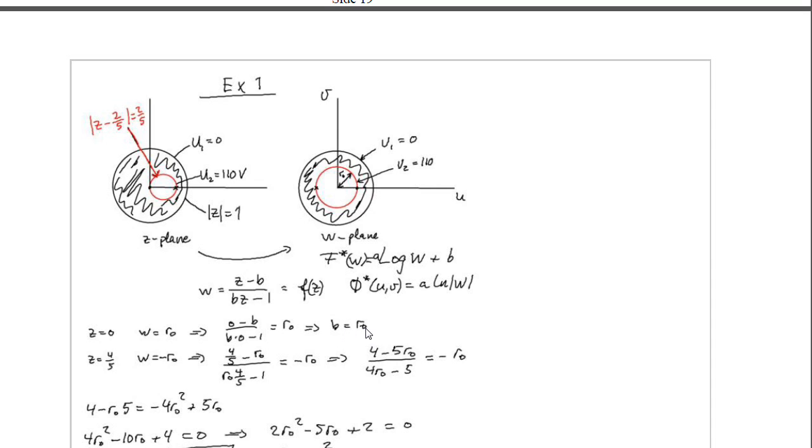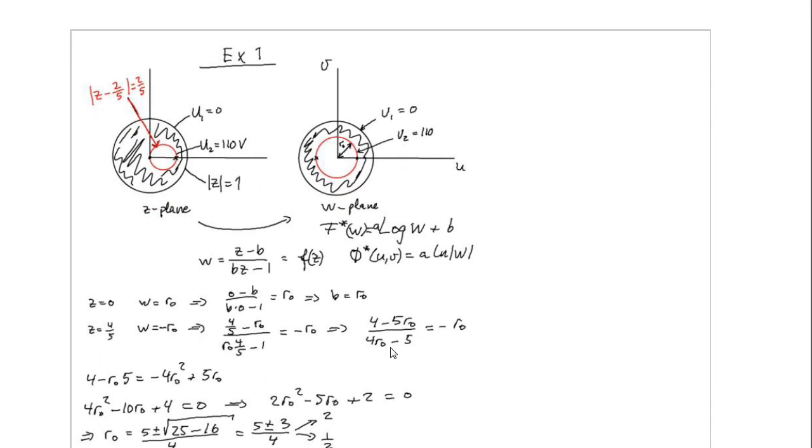So then we know this condition, and putting b or R0 in the expression equal to R0, we obtain this identity, this equation, and multiplying here with 5 on both sides, we obtain this equation.